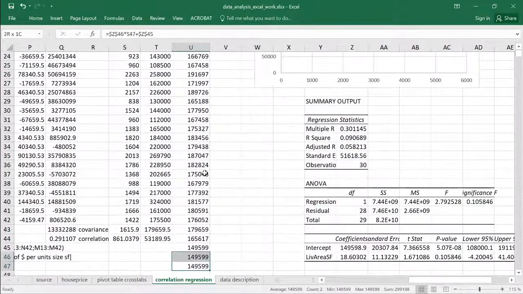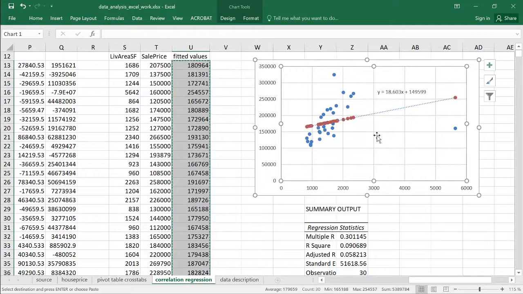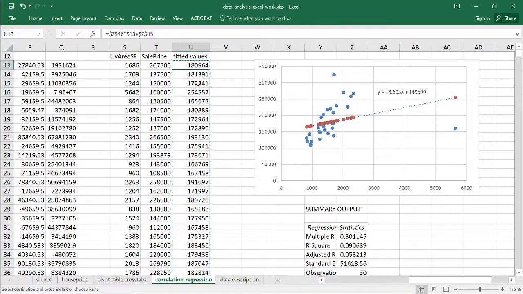And now the important thing is any point on that line, so of course copy paste that into the diagram, we see that every red dot here corresponds to a different living area, corresponds to a different house. So for any value of the living area, we obtain a corresponding price, which has the nature of being an average price for houses with a living area of a certain size.